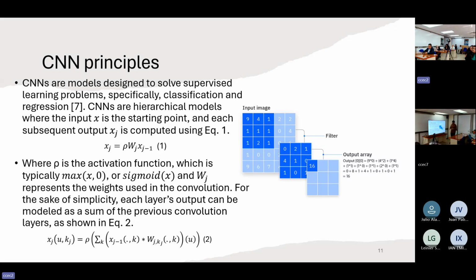The output is the result when we operate the input matrix and the kernel. And this is the result. More generally, for stacked layers, the expression is as seen in equation 2. And these are the examples.